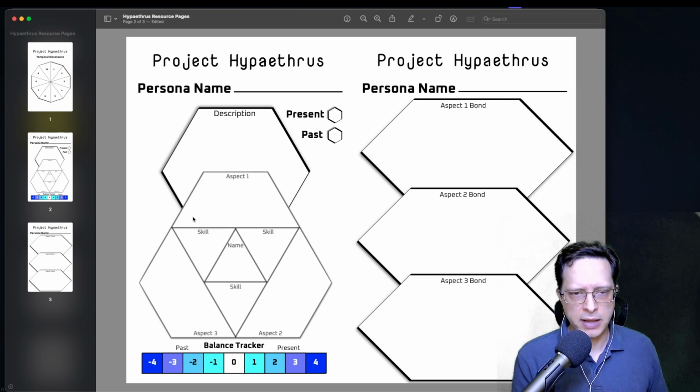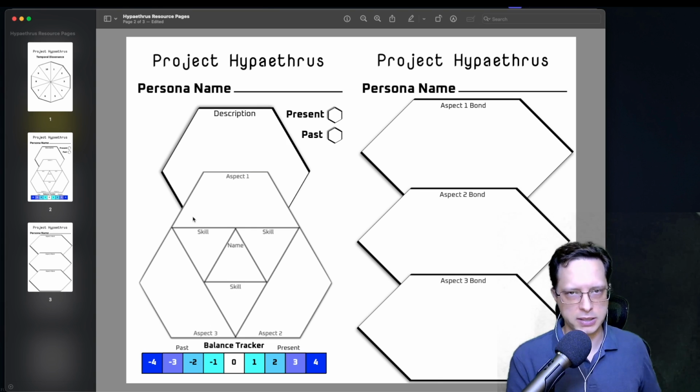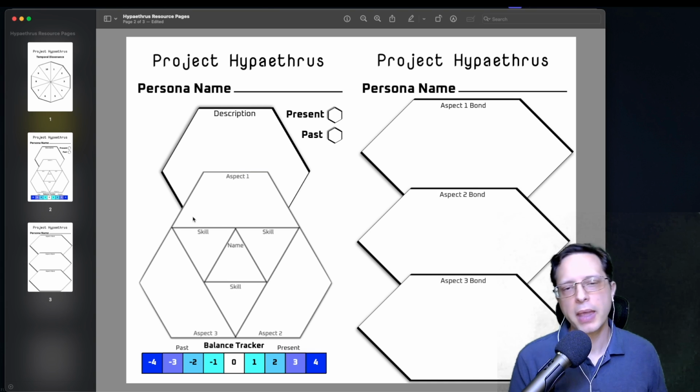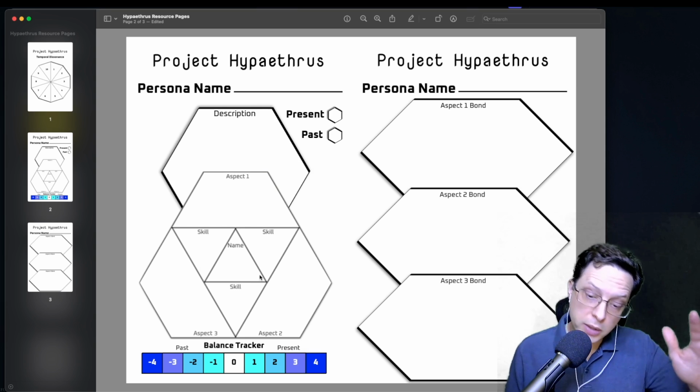And then if a skill would apply, then you get a larger bonus. Or again, in the case of Project Hypaethrus, you'd be rolling the smallest number of dice, which is just 2d4. So those are the ways that this particular system worked.